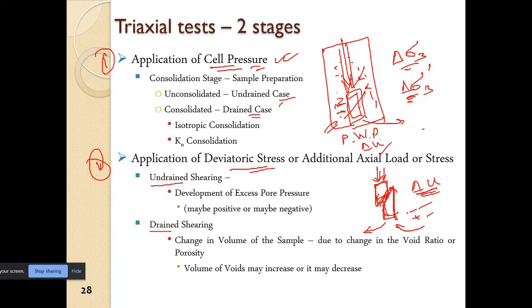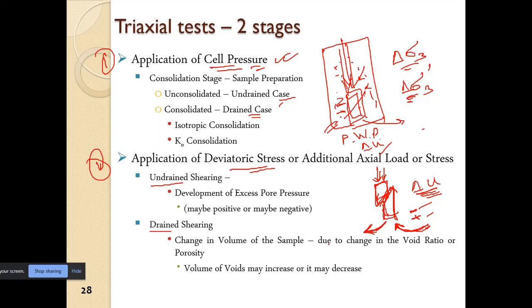Obviously, if there is development of negative pore water pressure, that means in the drained case, the drainage of water will take place into the sample. And if the change in pore water pressure is positive, the excess pore water pressure development is positive, then in the drained case, the drainage will take place out of the sample.